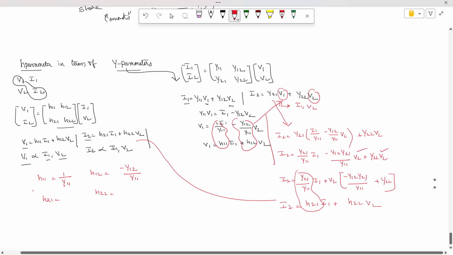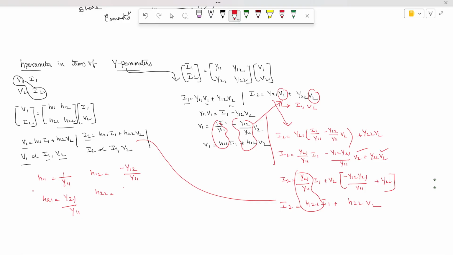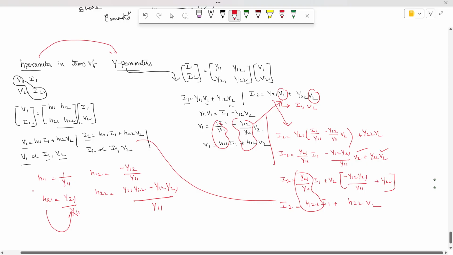Therefore, H21 is Y21 divided by Y11, H22 is Y11 Y22 minus Y12 Y21 divided by Y11. So successfully we transformed H parameters in terms of Y parameters. This is what our target fulfilled.